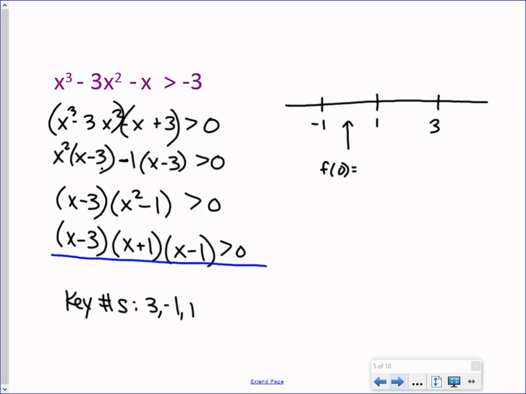And I'm just going to think about if I plug 0 into each factor, what sign do I get? 0 minus 3 is negative. 0 plus 1 is positive. 0 minus 1 is negative. So that means I'm taking a negative times a positive times a negative, which is a positive. So all the y values between -1 and 1 are all positive.